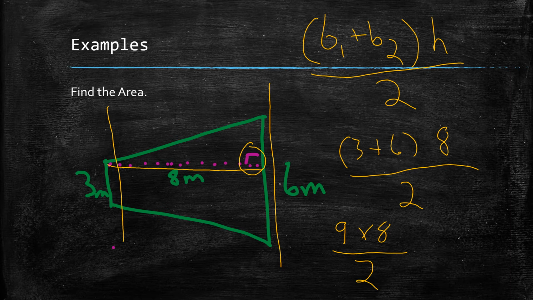So if you want to do 9 times 8 is 72 and divide 72 by 2, that's perfectly fine. However, I would encourage you to simplify it. 8 divided by 2 is 4. And then I'm going to keep the 9. 9 times 4, that's 36 meters squared. There's my answer for this one.